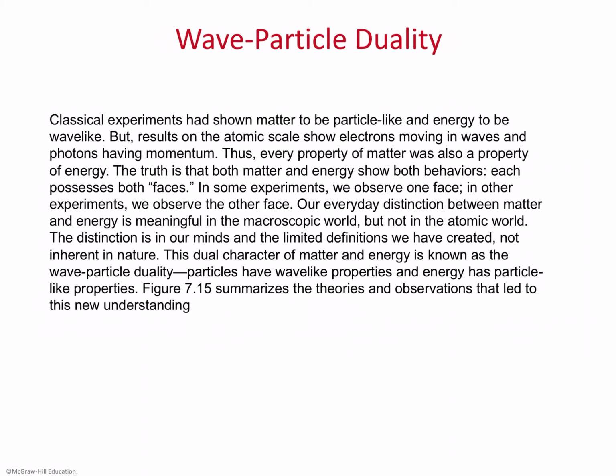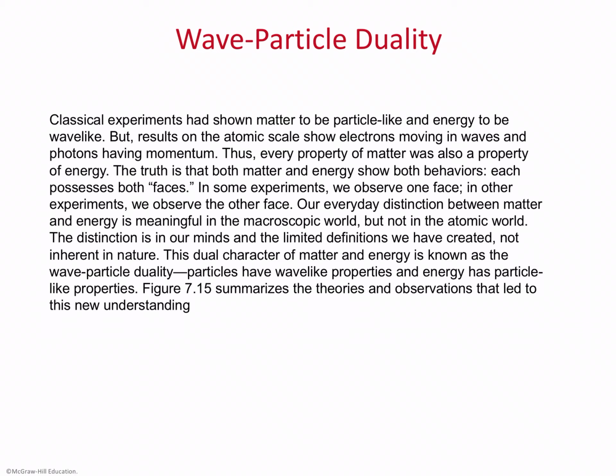The truth is that both matter and energy show both behaviors. Each possesses both phases. In some experiments, we observe one phase. In another experiment, we observe the other phase. Our everyday distinction between matter and energy is meaningful in the macroscopic world, but not in the atomic world. The distinction is in our minds and the limited definitions we have created, not inherent in nature.